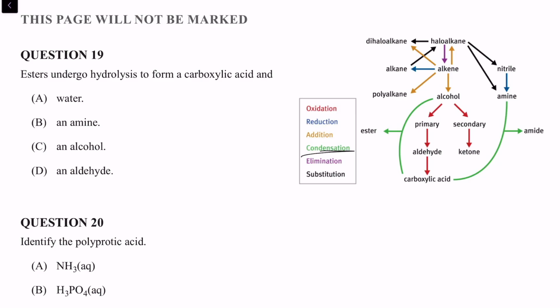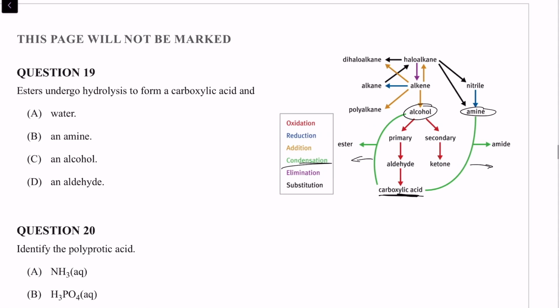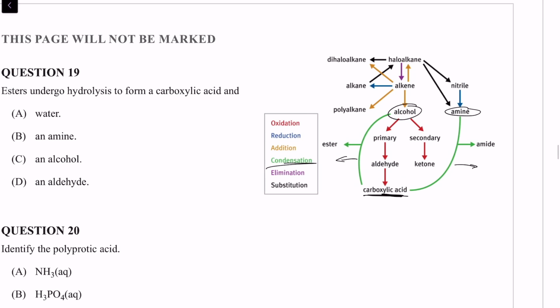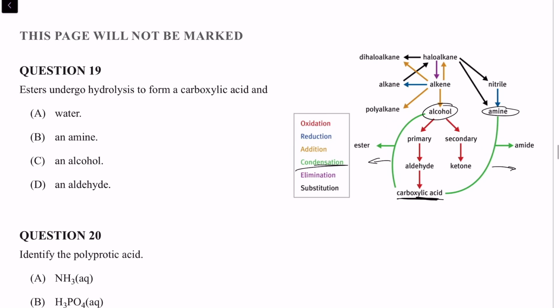There's really only two types, which involve a carboxylic acid and the combination of either an alcohol or an amine to form an ester or amide respectively. So it's not that difficult to memorize.